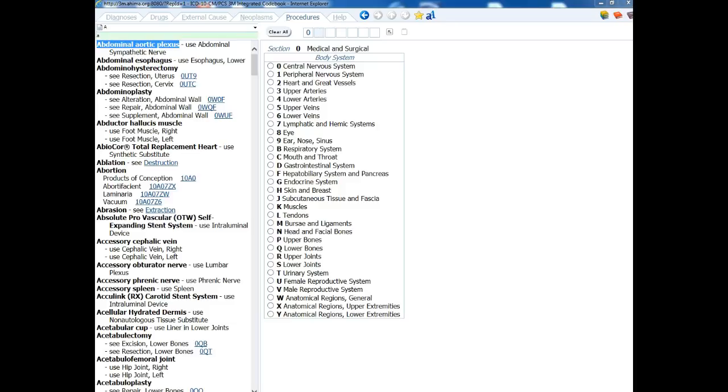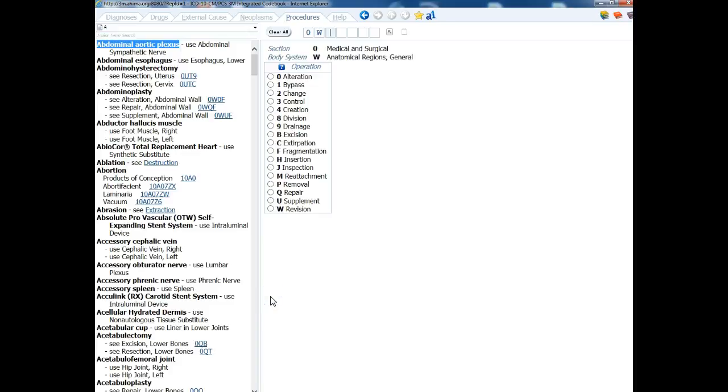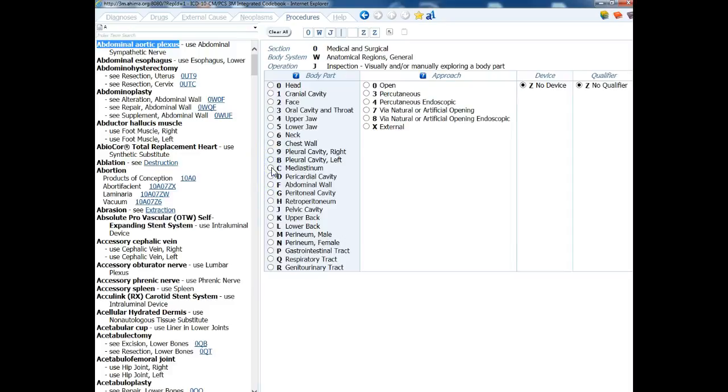So if we were going to code that in PCS, obviously we are going to be in the medical surgical section, and then we are going to be in anatomic region general. This isn't an upper or lower extremity, so we have to choose anatomic region general. And then our root operation is inspection, so we're choosing J for that root operation.